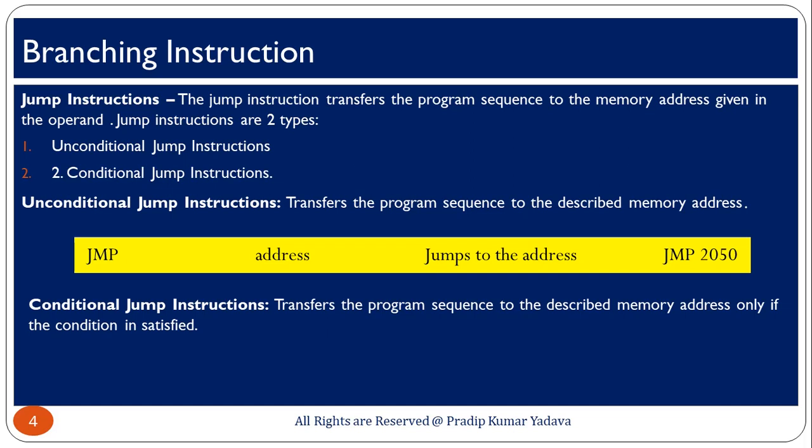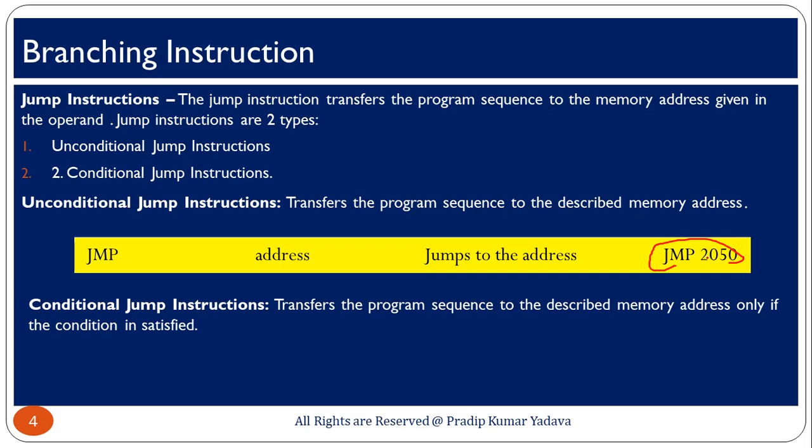Firstly, we are talking about the jump instruction. The jump instruction transfers the program sequence to the memory address given in the operand. This is the standard format of jump. It transfers the program sequence to the described memory location.